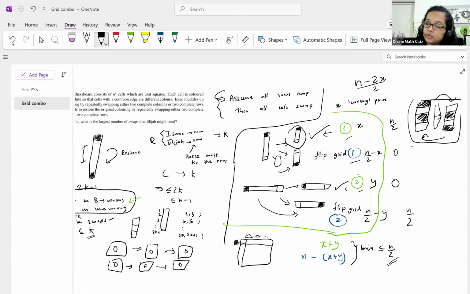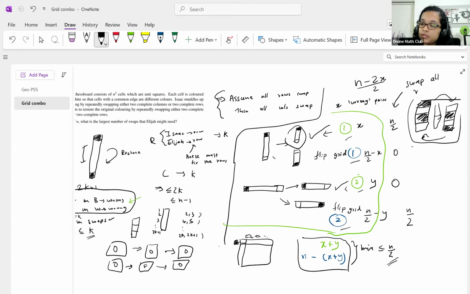That's the blue option. So he's going to have to choose one of the green one and the blue one, whichever has fewer moves. Similar to before, we calculated the number of moves each one is going to take at maximum, and we got this. So the minimum has to be N by 2. And the construction is just straightforward: swap all row pairs.